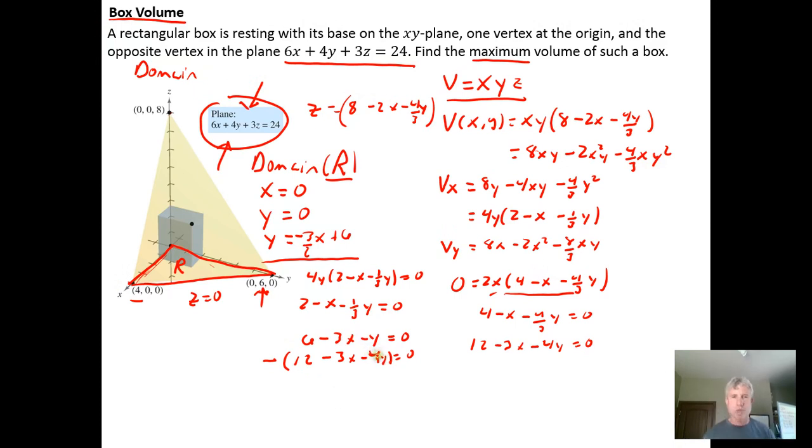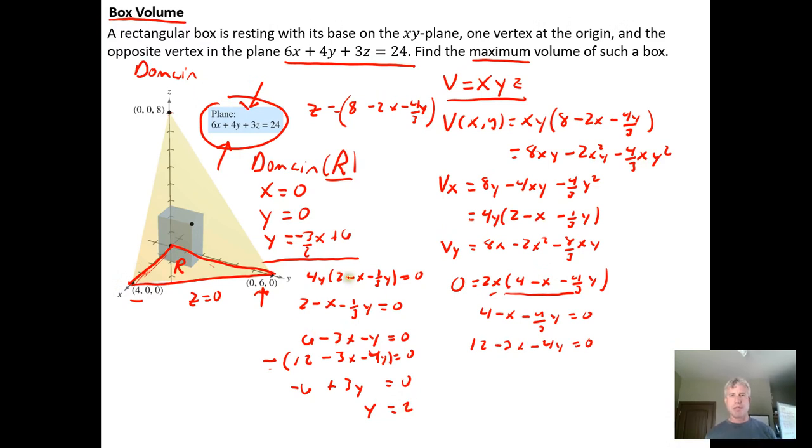So I'm going to get 6 minus 12 is minus 6. Minus 3x minus 3x will be 0. Minus y minus 4y will be plus 3y. And that will need to equal 0. And then when I solve this for y, I get y equals 2.